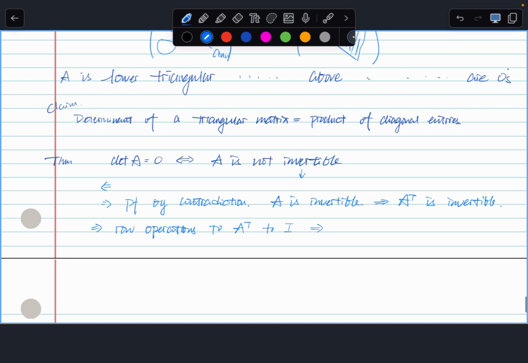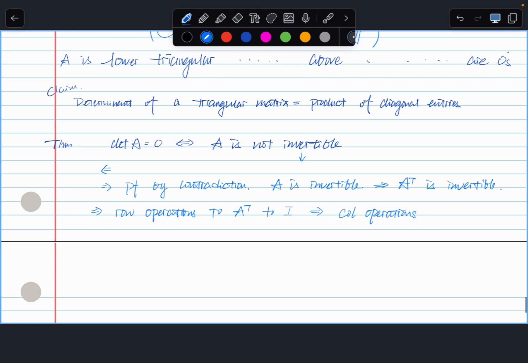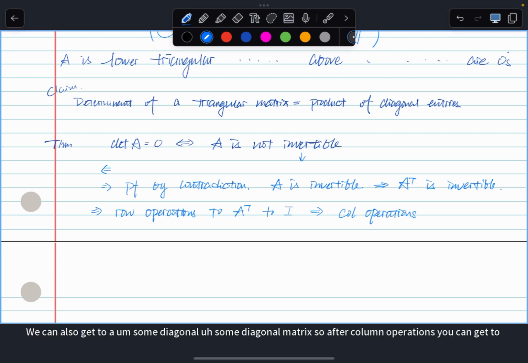So that means after some column operations, we can also get to some diagonal matrix.